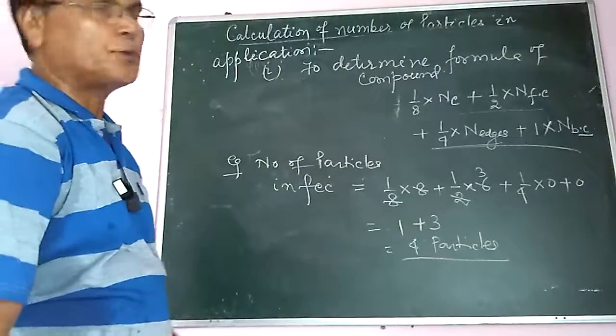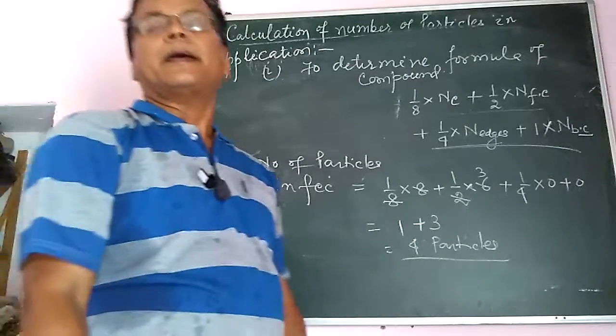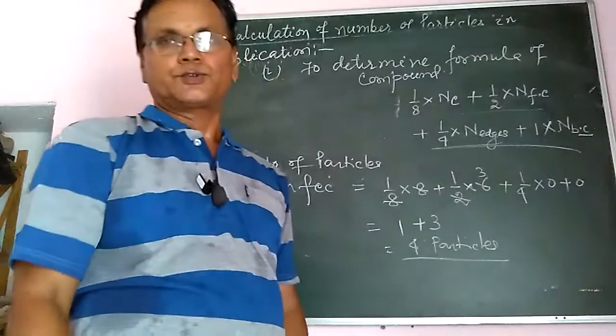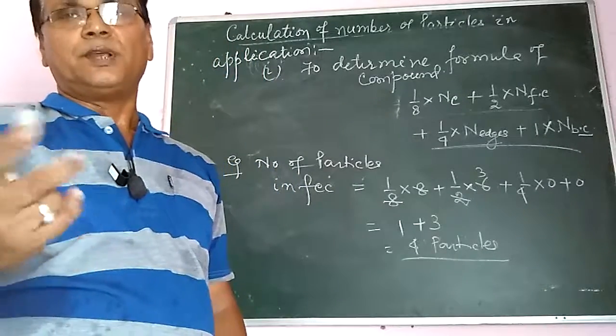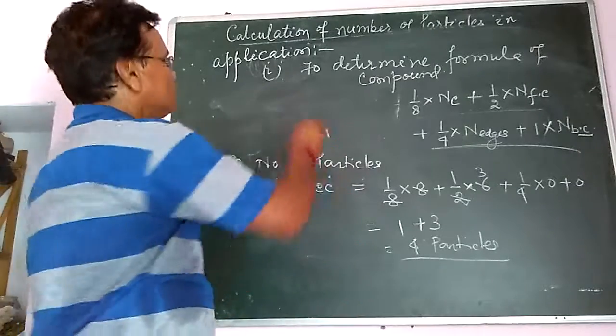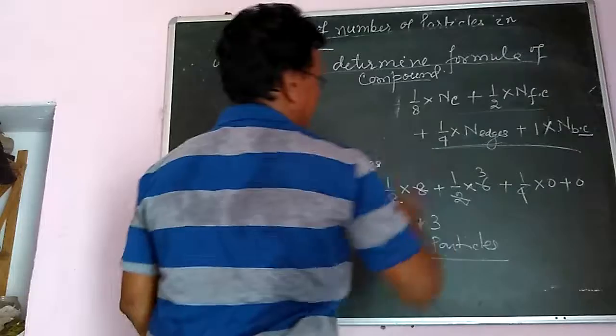As for example, suppose A lies at the corners and B lies at the faces. So what would be its formula? That is AB3. So it is used to determine the formula of a compound.